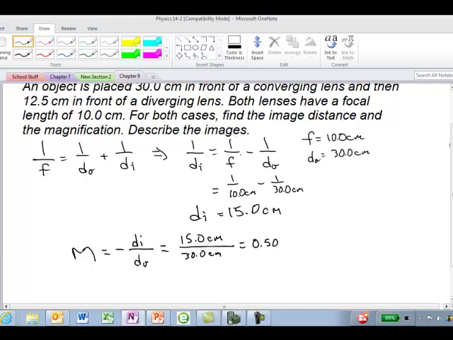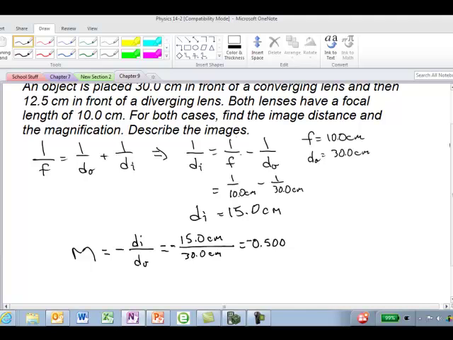I get 0.500. No units on that, because we're dividing centimeters by centimeters, so our magnification is 0.5. This means the image would be half as big as the object. Oops, I forgot my minus sign here. That's negative, which means that the image is inverted. It's going to be upside down.